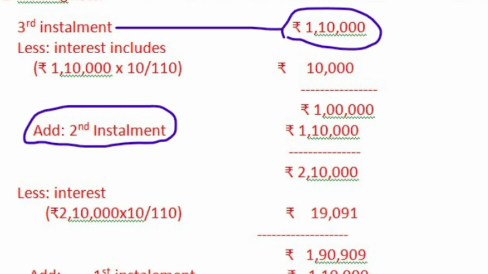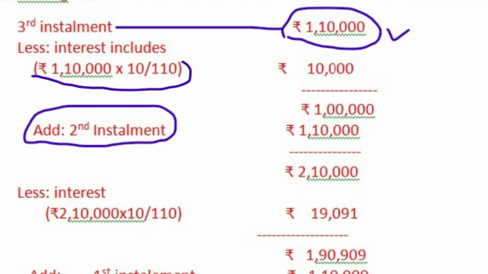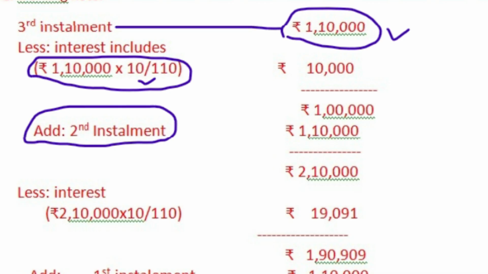Now each installment is 1,10,000, and the rate of interest is given in the question. So you see here how it is calculated. The 1,10,000 amount includes interest. When the installment amount includes interest, we calculate it this way: rate divided by 100 plus rate.